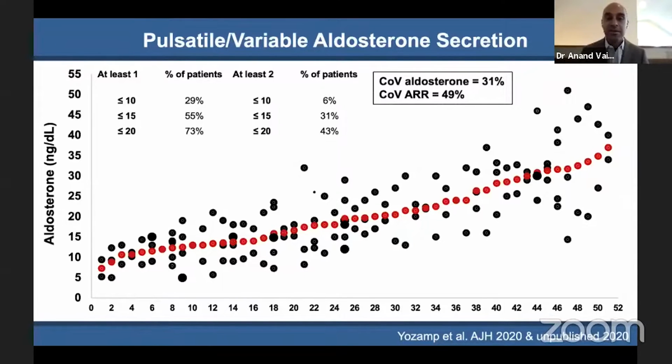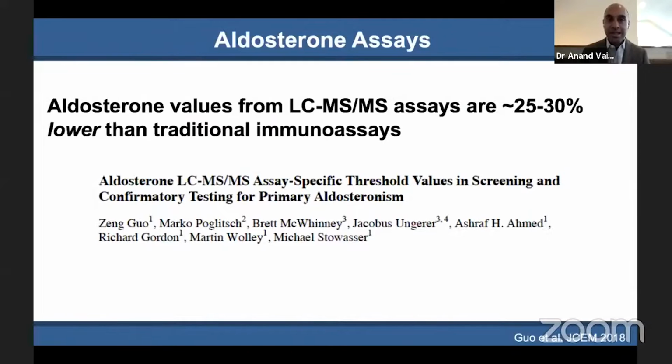So the absolute value of aldosterone is not as important as the suppression of renin, as was mentioned earlier by Dr. This is further compounded because many aldosterone assays are switching from the immunoassay methodology to liquid chromatography tandem mass spec, LC mass spec assays. And LC mass spec assays for steroids are much better, accurate, reliable, but we need to recalibrate our expectations.